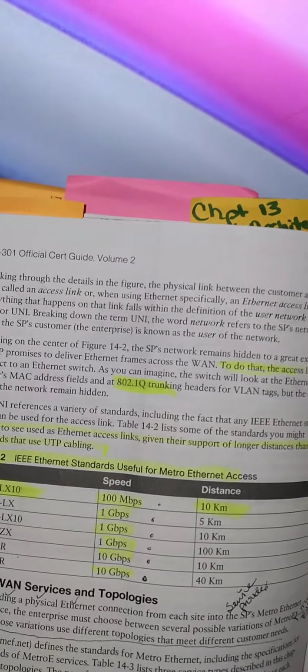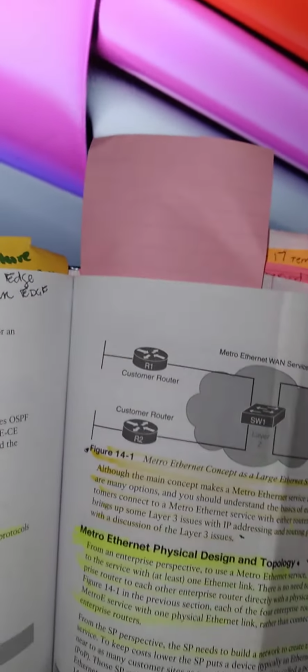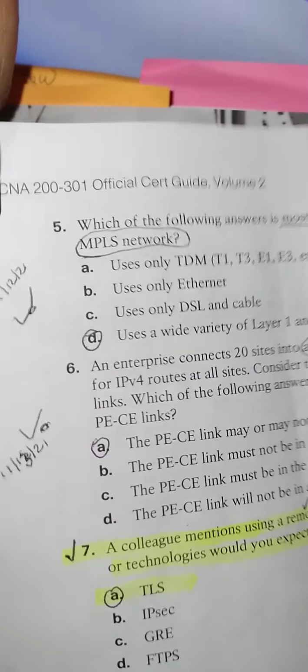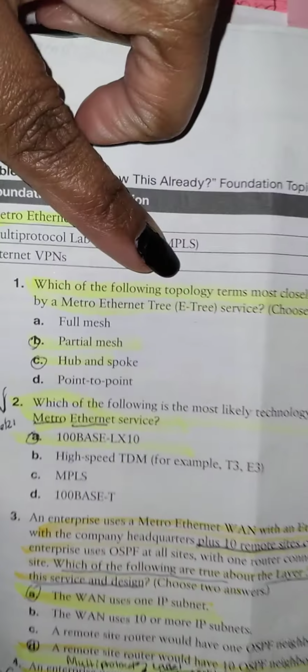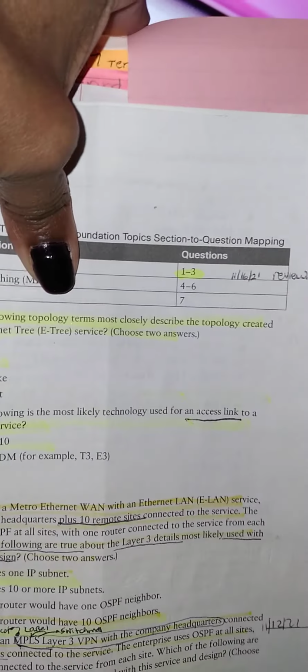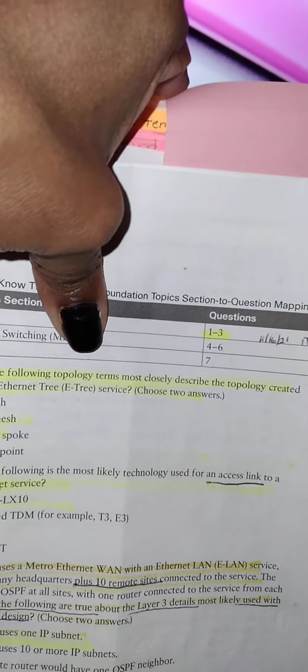So I will go to, do I know this already? And it's 1, 2, 7. What we discussed tonight is going to be number 2. Which of the following is most likely technology used for an access link to a Metro Ethernet service?